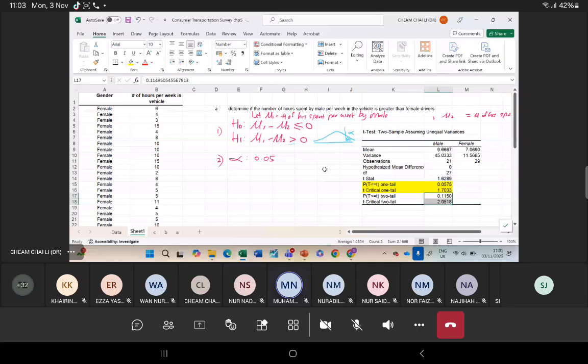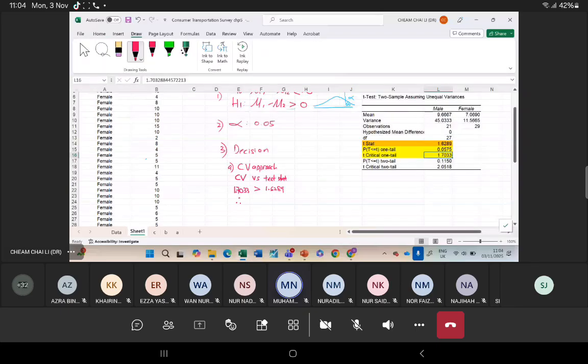Do not reject. Yeah, do not reject. So your decision is do not reject. Right? Do not reject H0. Yeah, so this is critical value approach.